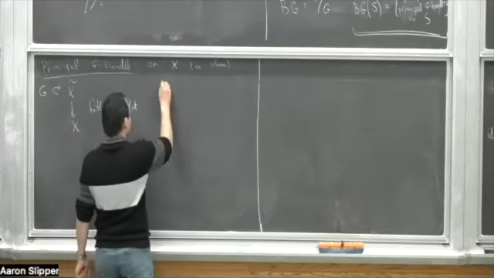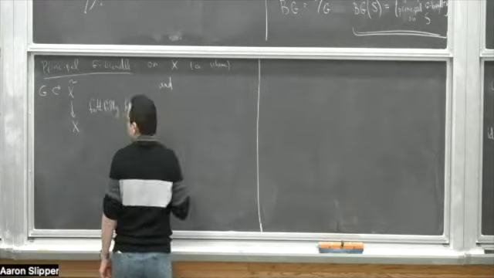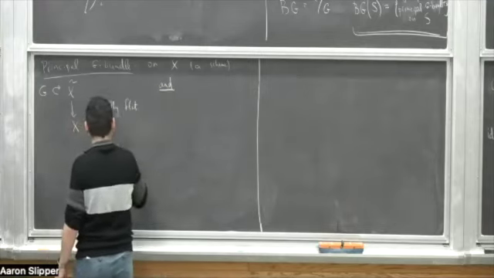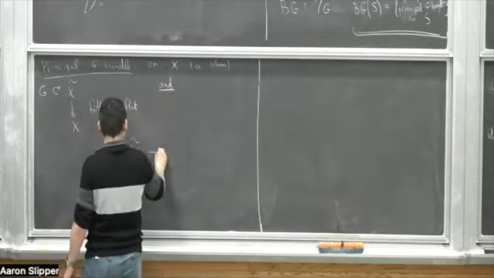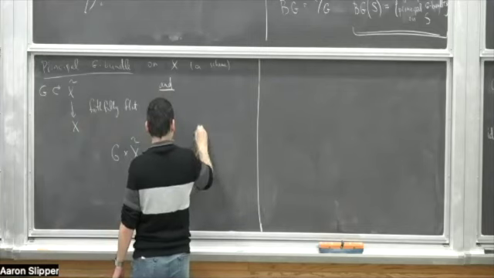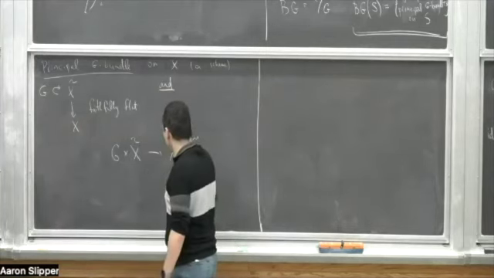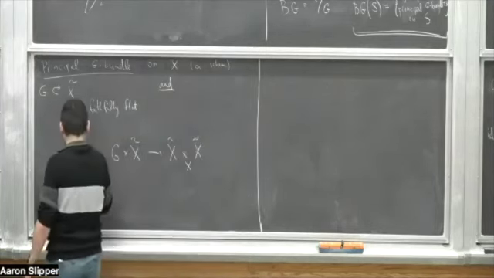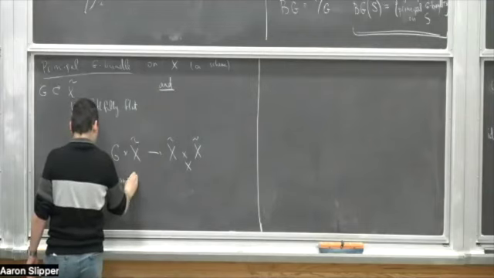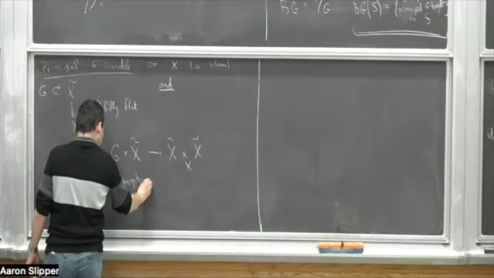And there's a natural map from G times X tilde to the fiber product X tilde times over X of X tilde. This is an isomorphism. I hope it's clear.